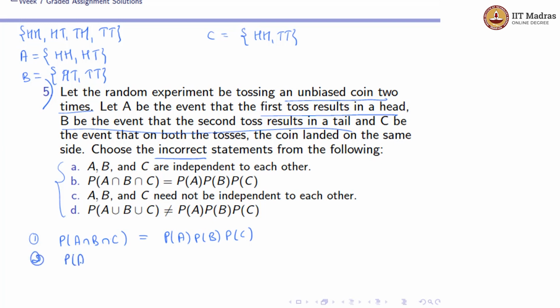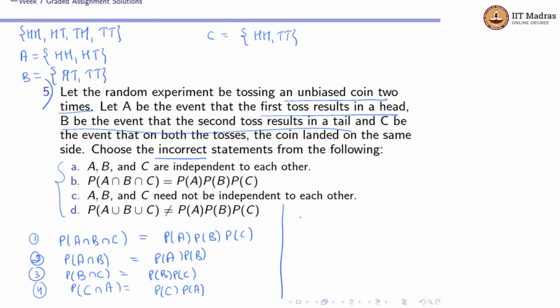That is, probability of A intersection B should be equal to probability of A into probability of B. Third, probability of B intersection C is probability of B into probability of C. And fourth, probability of C intersection A should be probability of C into probability of A. Let's check all these four cases.